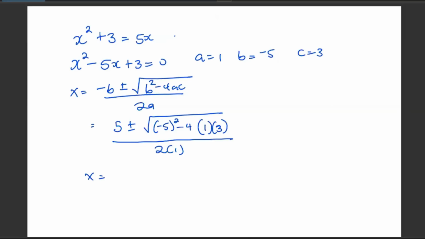When we punch this into the calculator, let's see what we have.